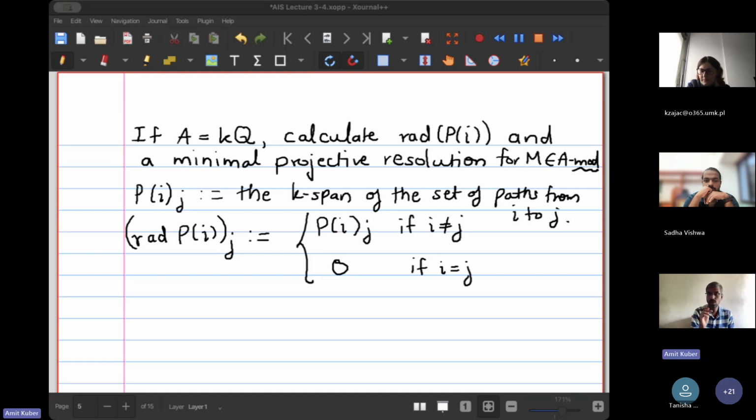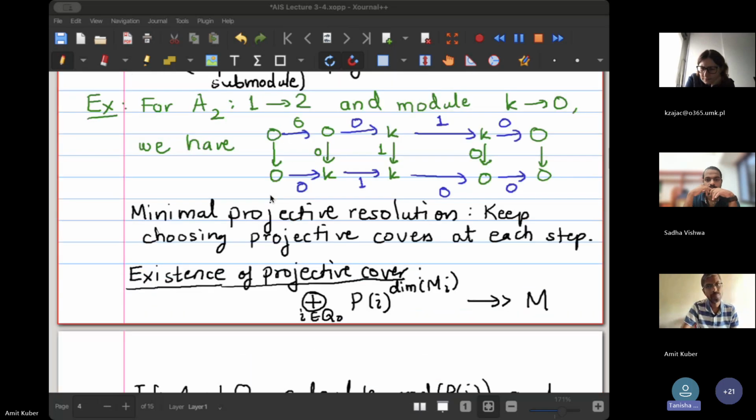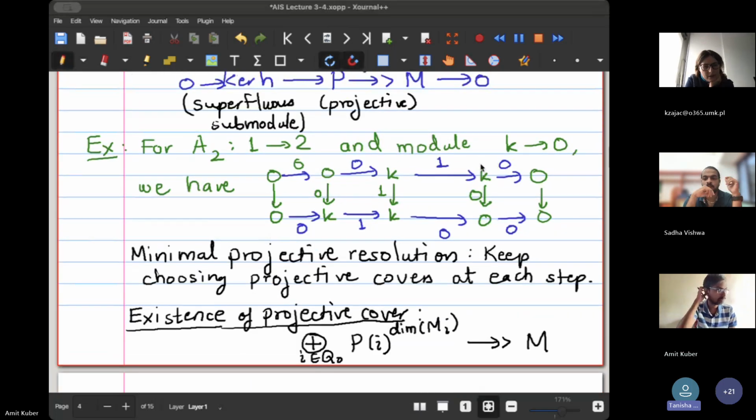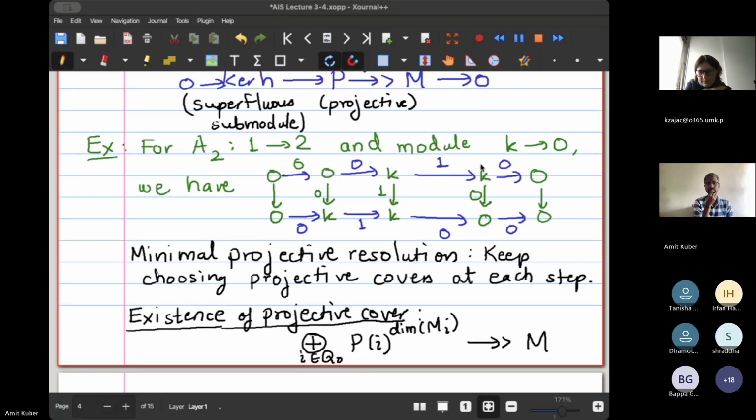All right. Somebody wants to say something? I had a doubt in the previous example. We are trying to find the projective cover for the module K0. We take KK to be the projective cover and 0K to be the kernel.